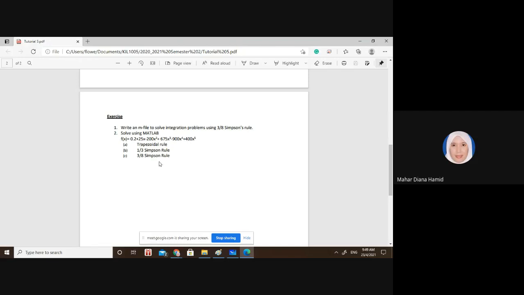Since in this exercise I straightforwardly ask you to do the trapezoidal rule without signifying the segments, you just assume that there will be only one segment for the trapezoidal rule, for Simpson's rule, and also the 3-8 Simpson's rule.